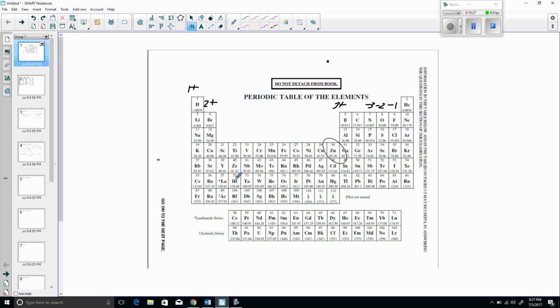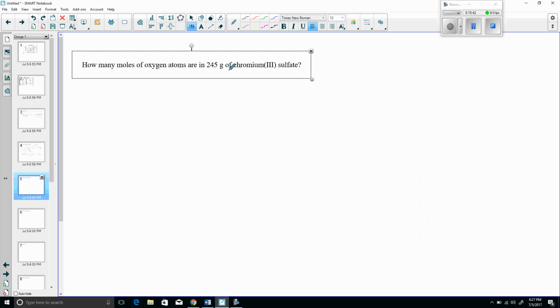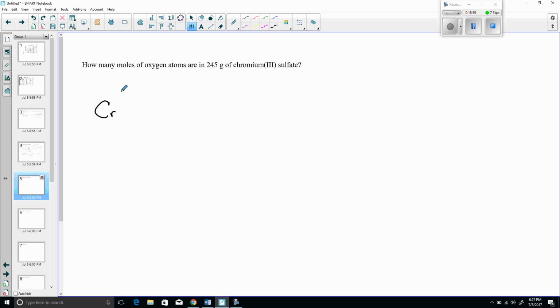Chromium lies right here in the transition metals, and it has more than one type of charge. I don't have that listed in a table, and on this problem we don't need it listed. We just need to know that this means chromium has a +3 charge. So we have chromium, Cr, with a 3+ charge.